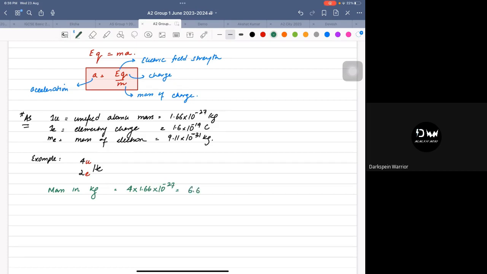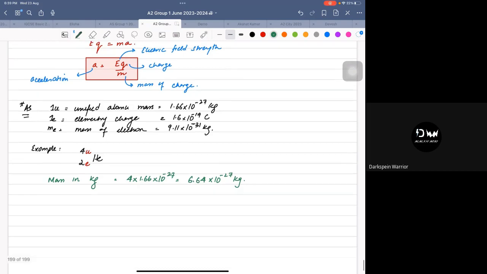So the nucleus of helium is going to be 6.64 times 10 raised to minus 27 kilograms. And if they require the charge in coulombs, then 2 times 1.6 times 10 raised to minus 19. That will be 3.2 times 10 raised to minus 19 coulombs.